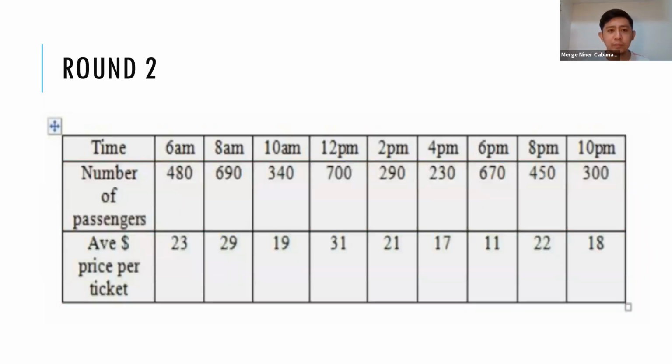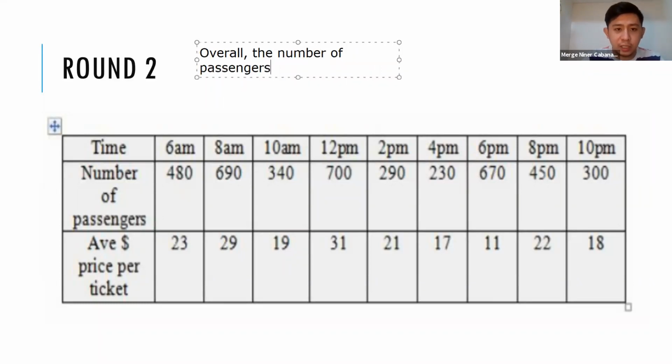Okay? So let me write this into text. So overall, obviously we cannot use any other. Overall, the number of passengers peaked 3 times during the day.